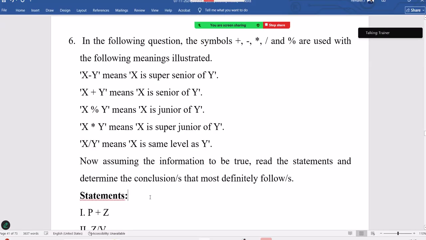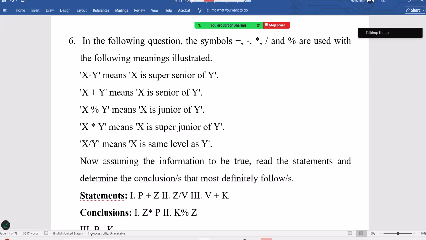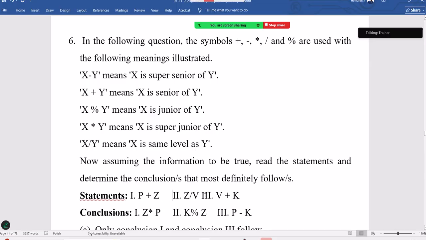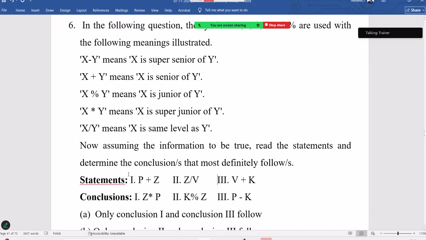X minus Y means X is super senior of Y. X plus Y means X is senior of Y. As per the question, X percentage Y means X is junior of Y. X into star means super junior. That backslash slash is nothing but same level. Now, similar to the previous one, statements and conclusions. For the statement, we have to draw the diagram.